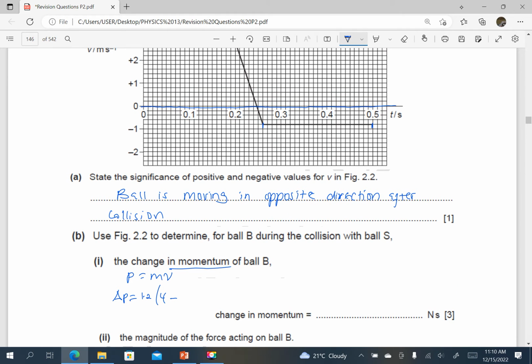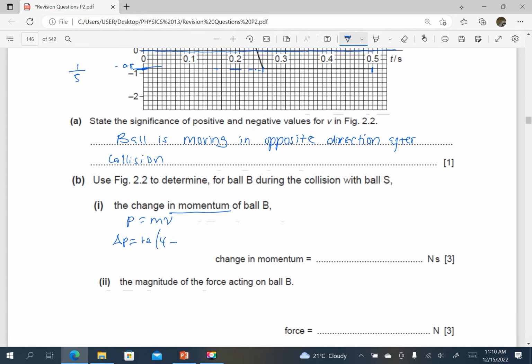After coming in contact, what is this value here? The scale on the vertical is 0.1 divided by 5, that is 0.2. So this is going to be negative 0.8. So that is minus negative 0.8.